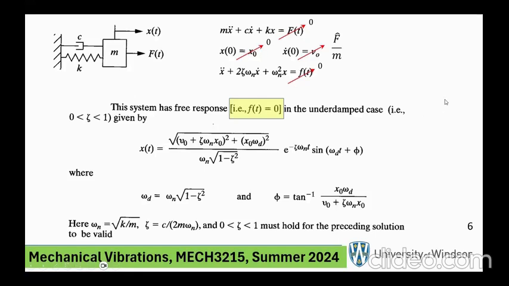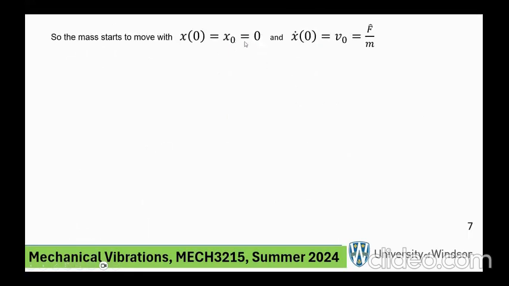Now let's plug in our known values. Initial velocity is f hat over m. Initial position is 0, and let's see where it takes us. Well, that ugly expression on the previous slide comes out to be this. All right?